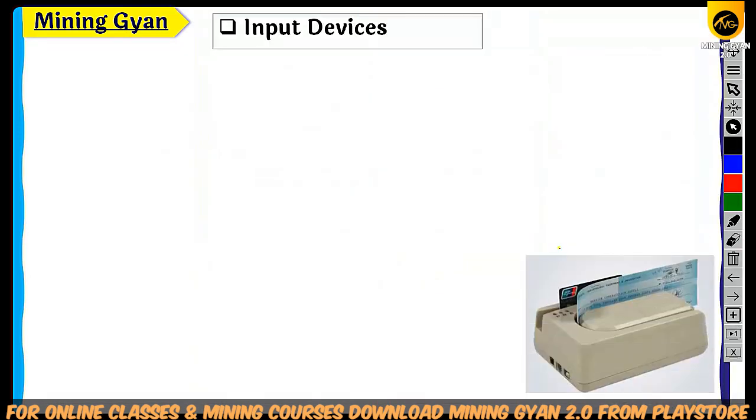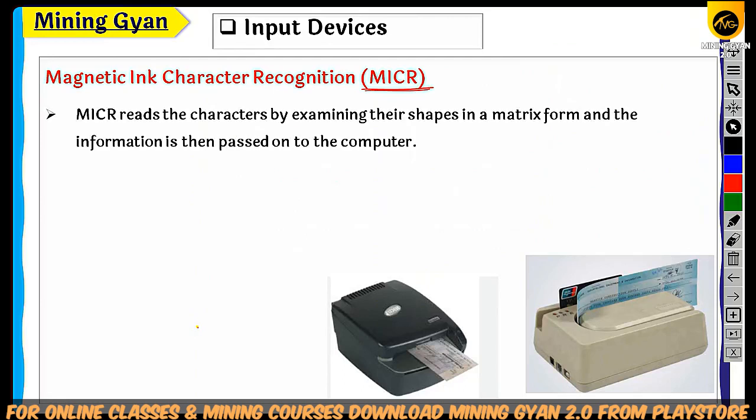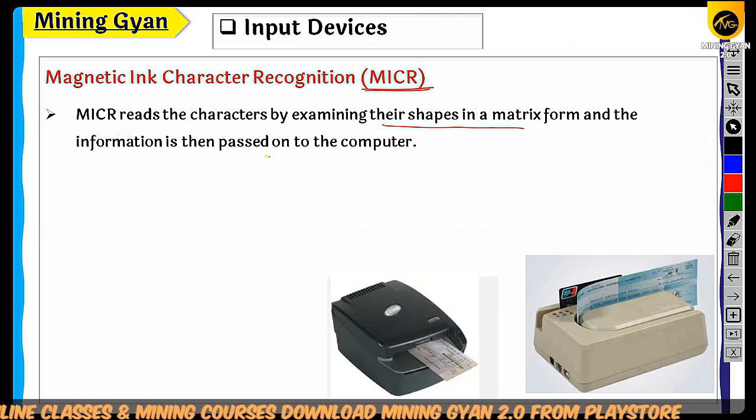Okay, the next one is magnetic ink character recognition, which is called MICR. MICR reads the characters by examining their shapes in a matrix form, and the information is then passed to the computer.